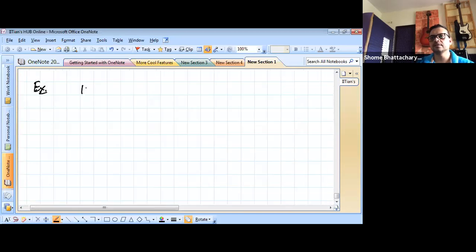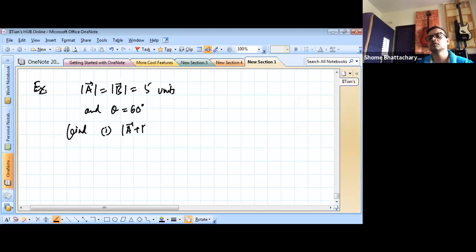Suppose we have magnitude of vector A is equal to magnitude of vector B is equal to, let us say, 5 units, and theta is equal to 60 degrees. Then find magnitude of A plus B and magnitude of A minus B. So find both of these.